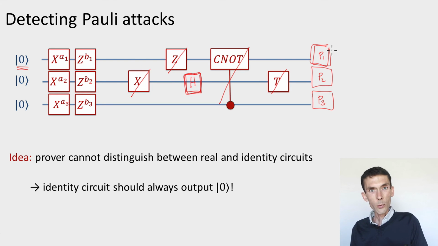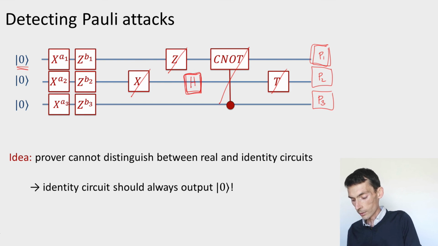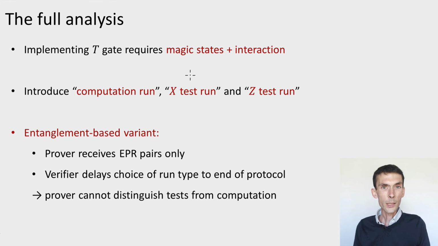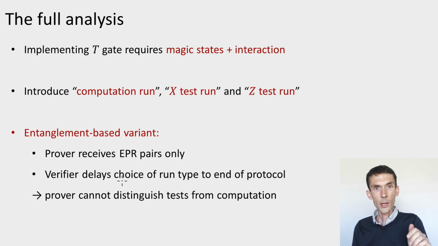Let me recap how this protocol works and how the proof of blindness and verifiability goes about. So first, we use the idea of computing on encrypted data. The verifier encodes the input using the quantum one-time pad, sends that to the prover.